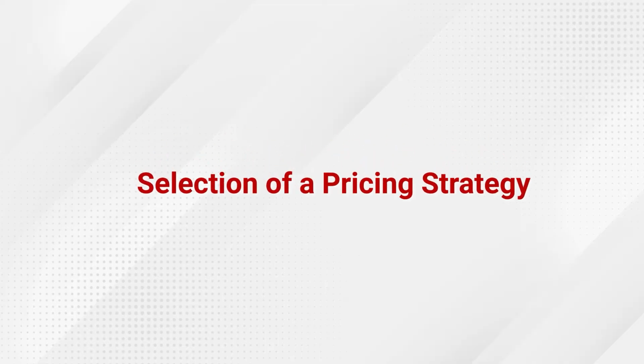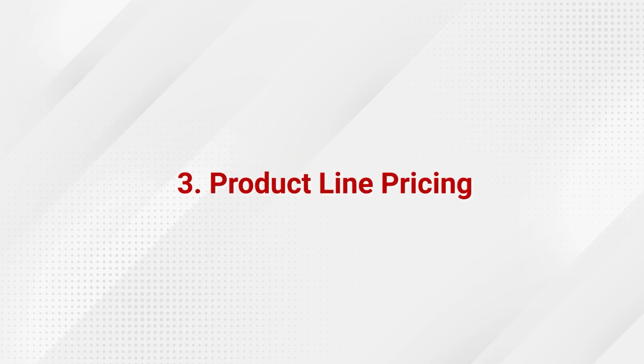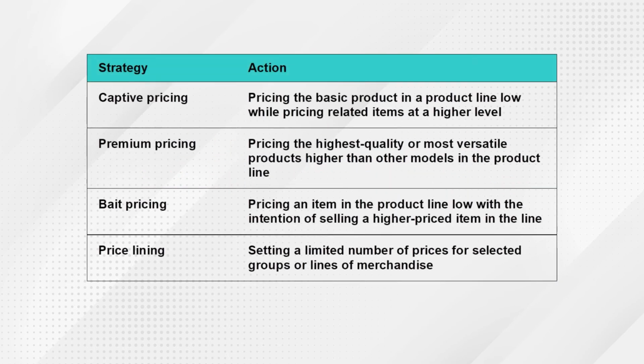And when you select your pricing method, you also have to be concerned about whether you would like to price your entire product line appropriately. Let us look at Heinz ketchup, which has so many varieties and pack sizes. How do you price the entire product line?